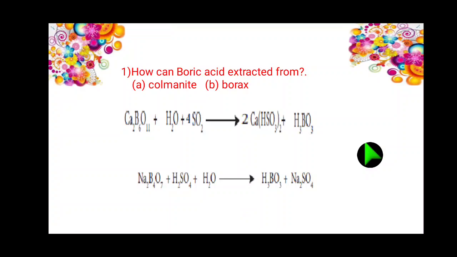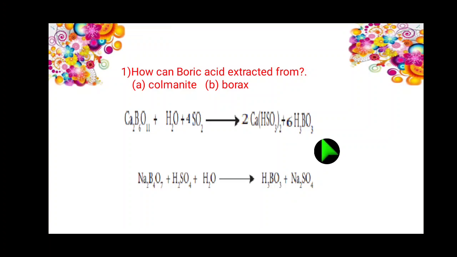The subscript 2 outside the bracket is also there. So sulfur totally 4. So on the left side we write 4 SO2. Sulfur is balanced, calcium is balanced. Then boron, you see. Left side 6 boron, right side only 1. So make it 6.